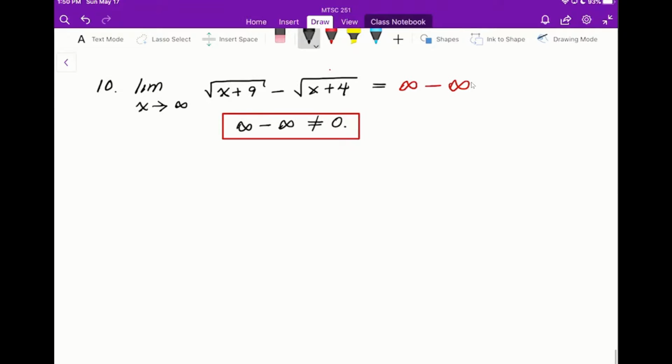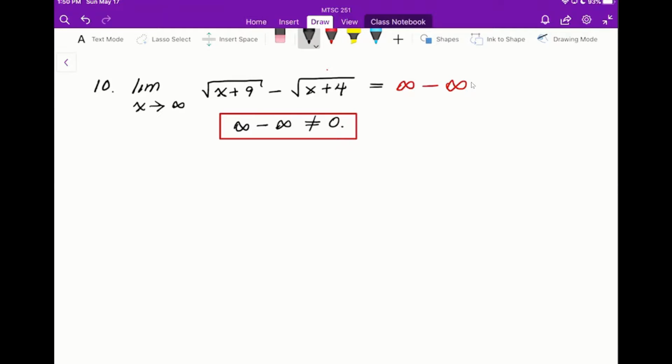So therefore, we need to work a little bit harder on this problem. In order to do that, we have the limit as x approaches infinity.